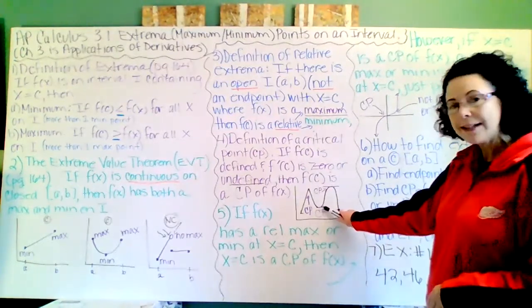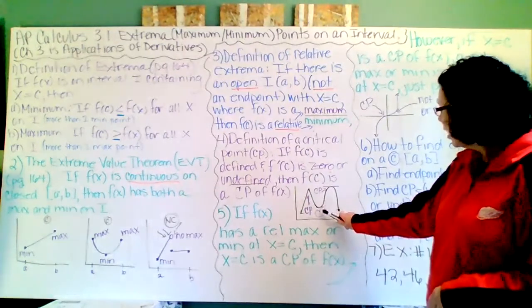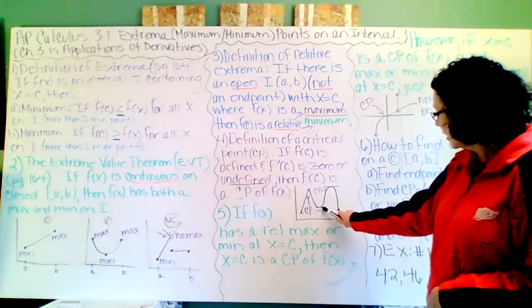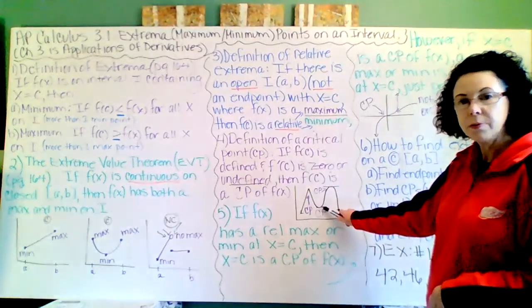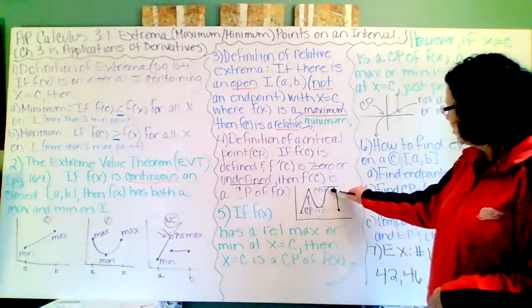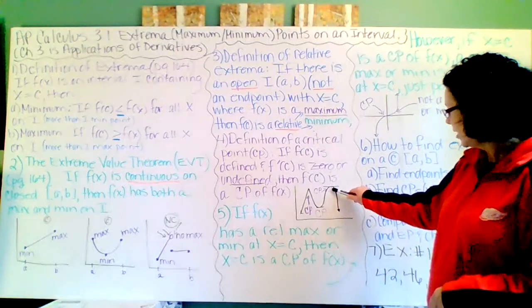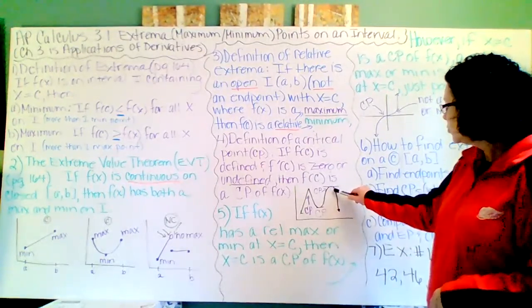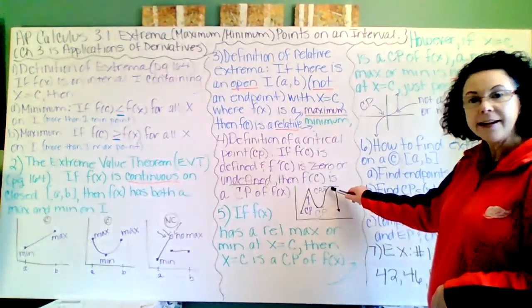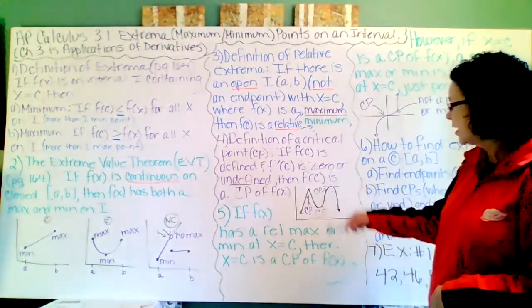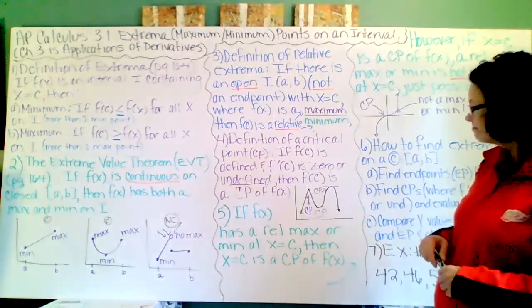So this is a relative minimum here, though. Notice if you drew a tangent line, the derivative or the slope would be 0. That's a critical point. Notice here at this maximum point right here, that if you drew a tangent line, the slope would be 0. That is another critical point there. So that's what they look like in a picture.